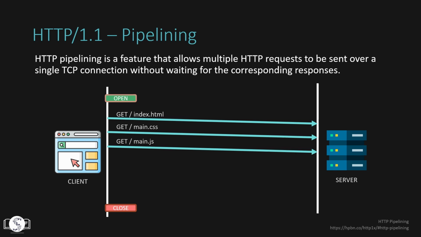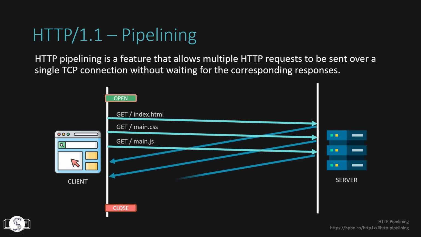The main CSS and the main JS requests can be sent without waiting for the index HTML response. However, the server must send its responses in the same order that the requests were received. So the entire connection is basically first in, first out.